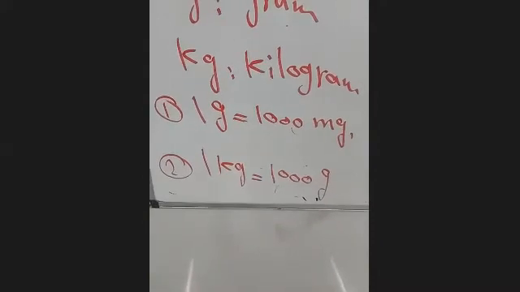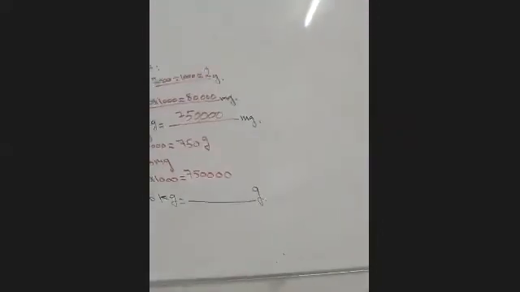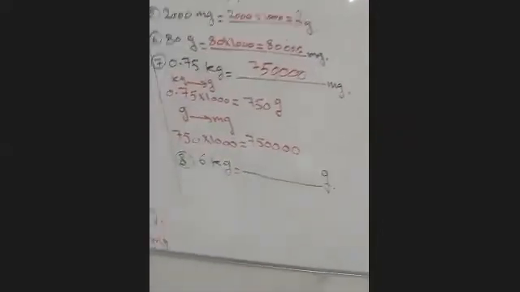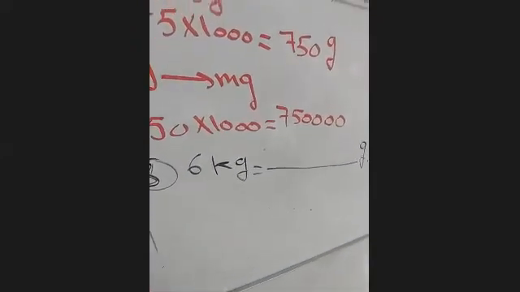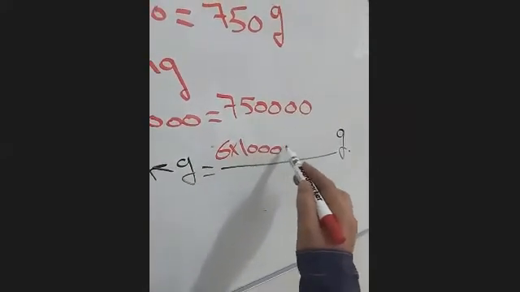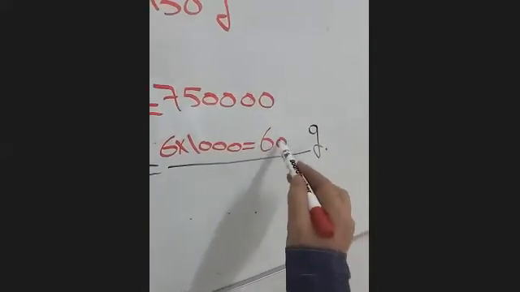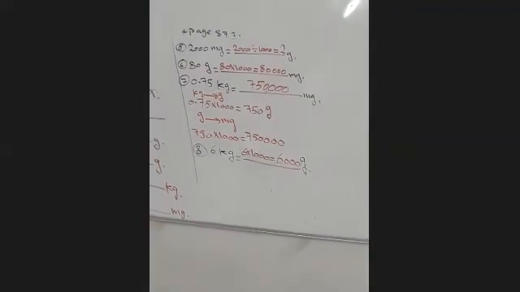From bigger to smaller, we multiply by 1000, not divide. So we multiply 6 by 1000, which equals 6,000 gram. This is question 8.